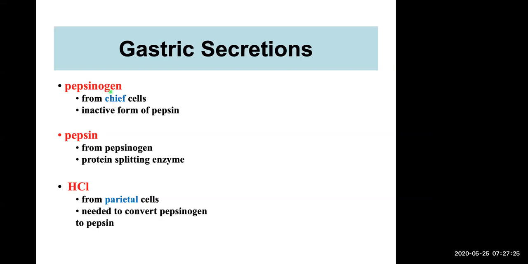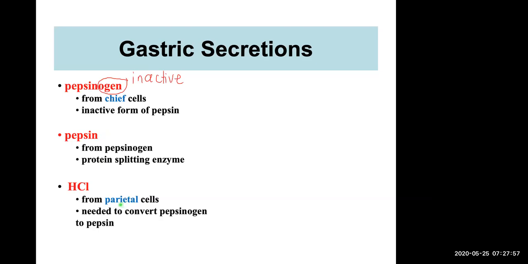And so that inactive form is called ogen. Oftentimes when you see this word ogen, okay, that gives you a clue that it is an enzyme that is in its inactive form, okay? And it has to get converted into its active form. And so how do we convert pepsinogen into pepsin? Well, we also need hydrochloric acid. So hydrochloric acid is going to help convert the pepsinogen into pepsin.